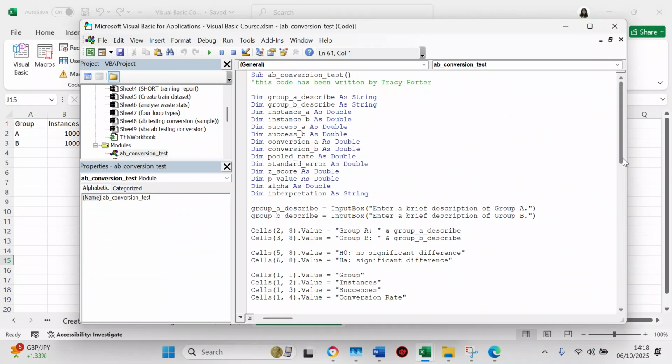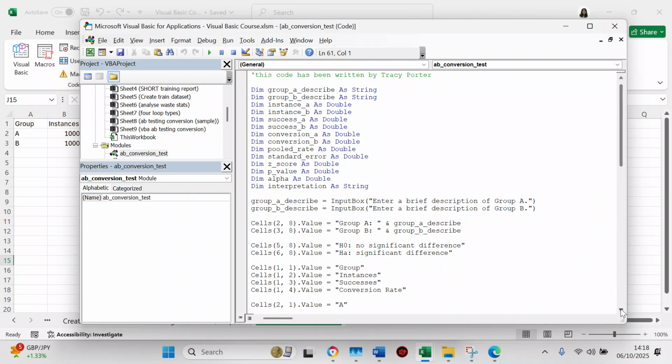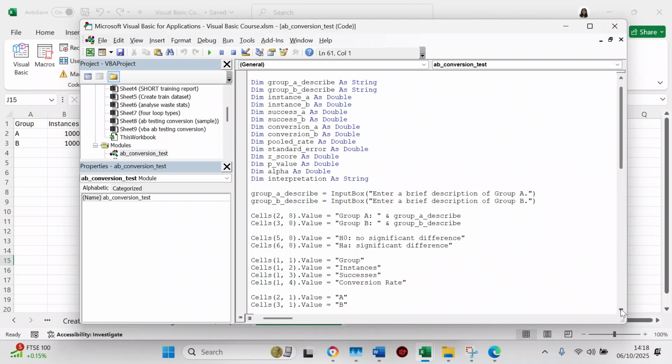What we have to do is declare or define all of our variables. The variables are Group A describe, Group B describe, instance A, instance B, success A, success B, conversion A, conversion B, pooled rate, standard error, z-score, p-value, alpha, and interpretation.